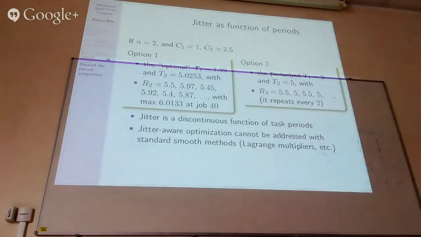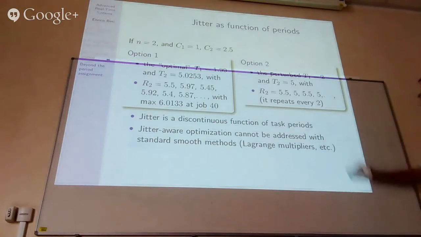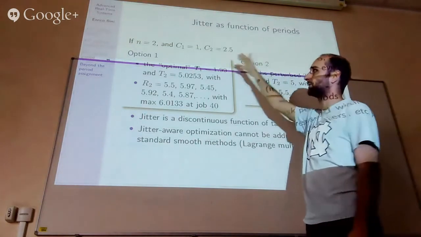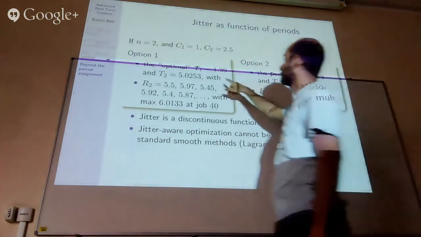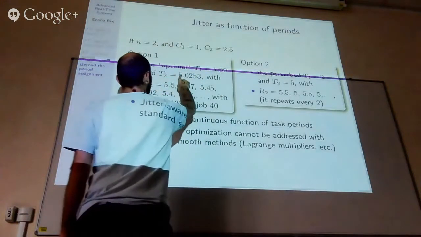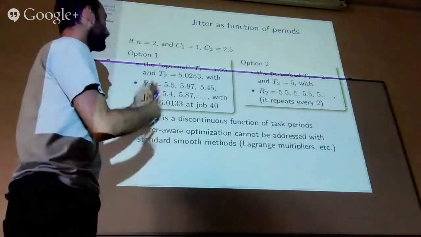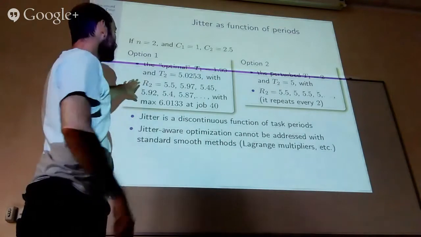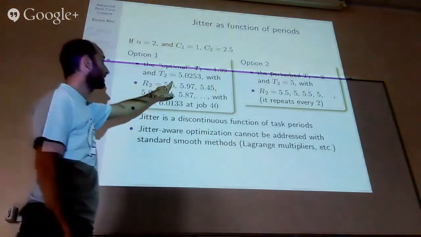Here I just make an example. Let's say we have two tasks with computation times C1 and 2.5. I just made an example. Let's say that you have two periods: T1 equal to 1.99 and T2 equal to 5.0253, whatever. If you have these two periods, the response time of task 2 follows this pattern.